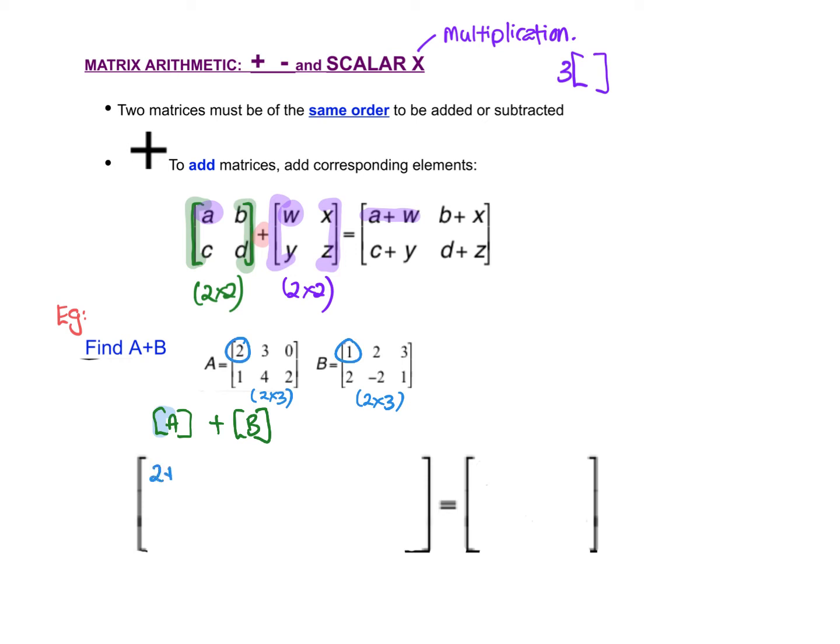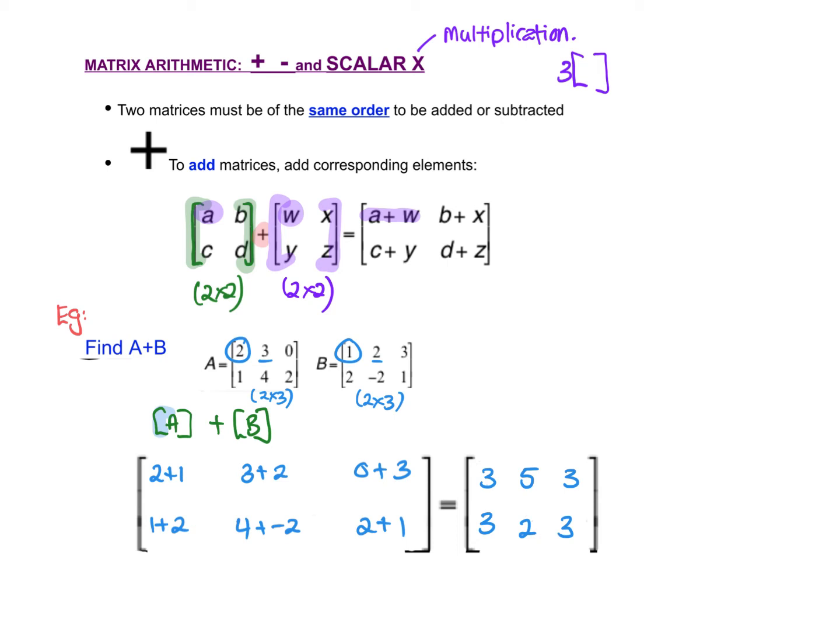So you'll have 2 plus 1 and then 3 plus 2, and then 0 plus 3. Then down here you'll have 1 plus 2, 4 plus negative 2, and 2 plus 1. And so then you just add them all up. So obviously 2 plus 1 is 3, 3 plus 2 is 5, that one's 3, 3, 4 plus a minus 2 will be 2, and that will be 3.